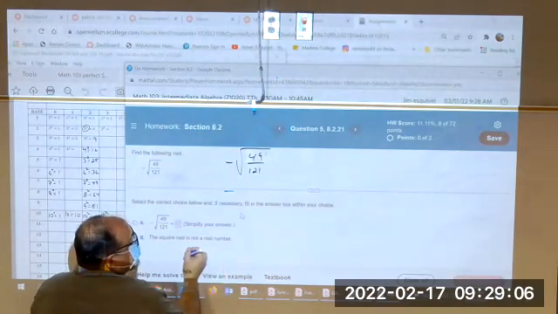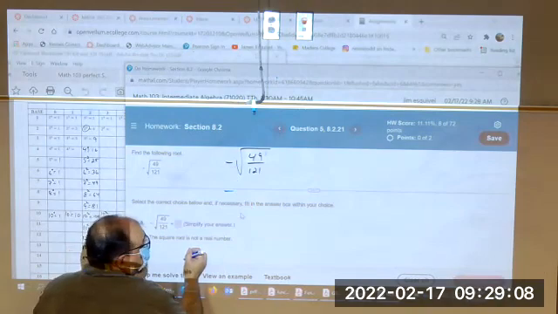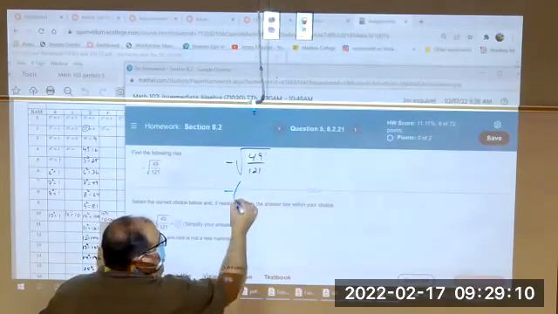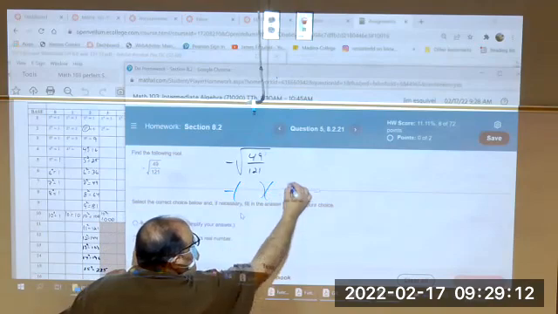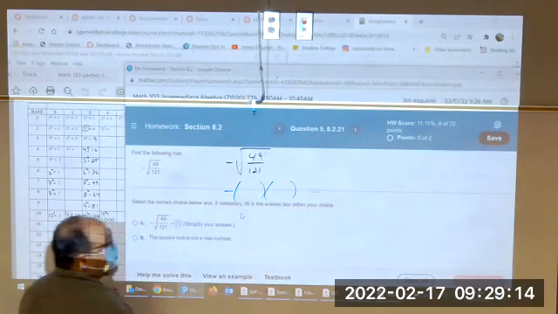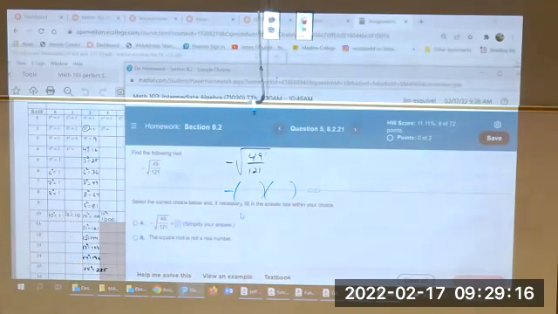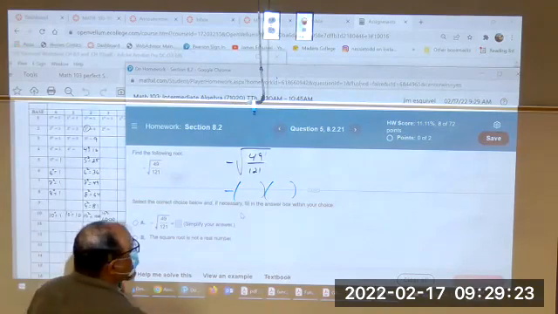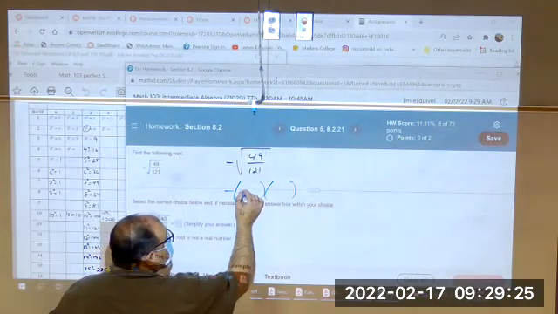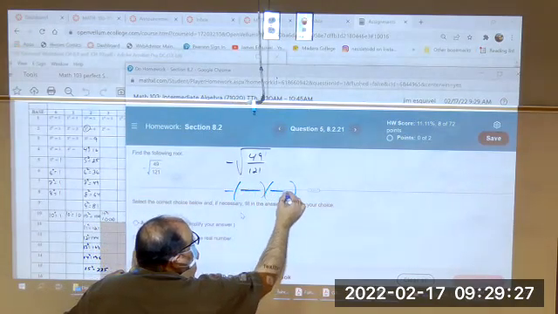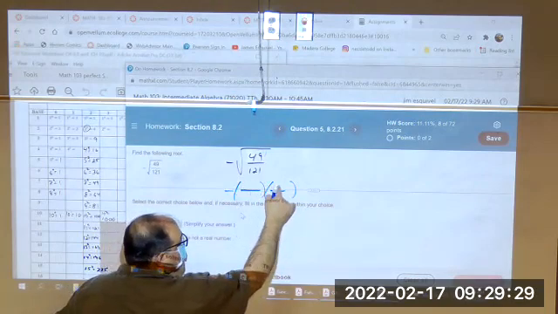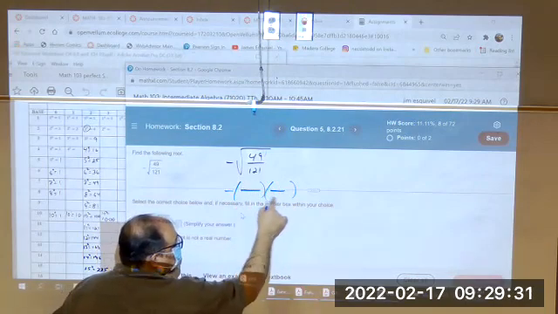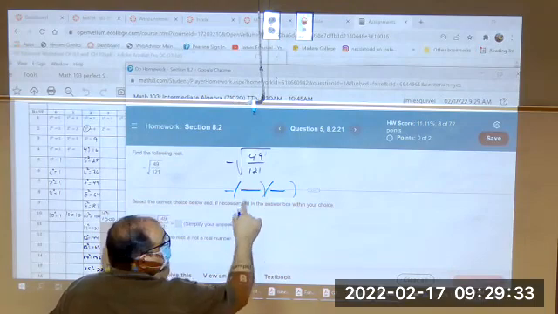Now, when you do a square root, we're trying to figure out what times itself, the exact thing times itself, gives me a fraction of 49 over 121. When you look at a fraction, you have a numerator times numerator, a denominator times denominator. That's how you multiply fractions together.